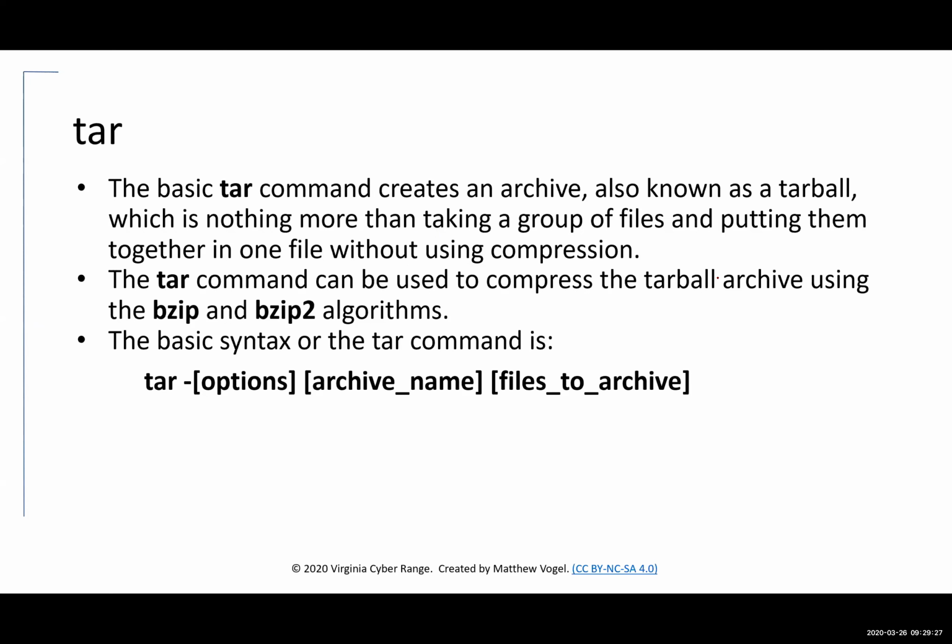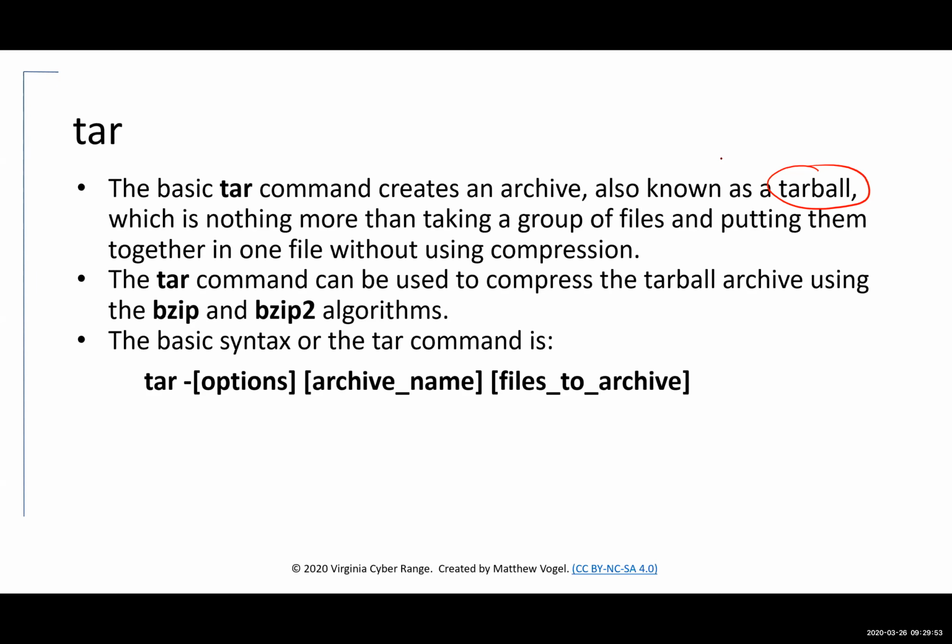So we'll start with the tar command, and the tar command creates an archive. The colloquial term for the archive is a tarball. So if you're talking to a crusty old Linux person, he might mention the term tarball, and he's talking about a file that is archived using the tar command.